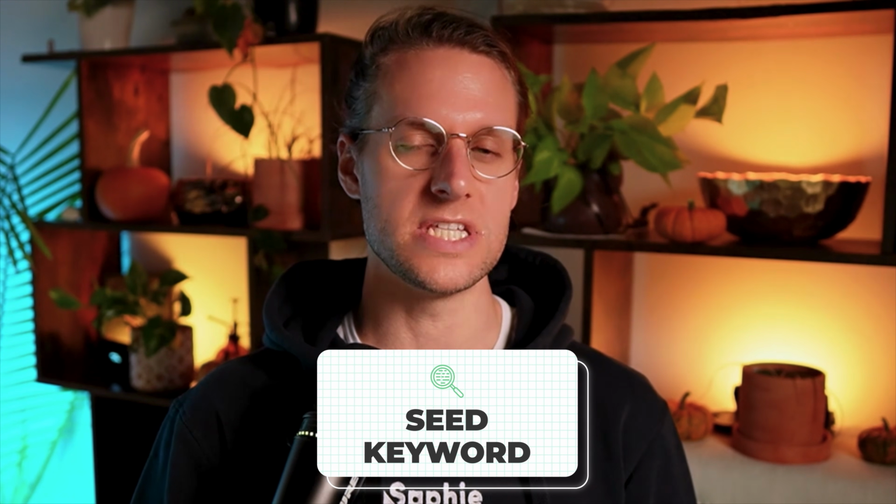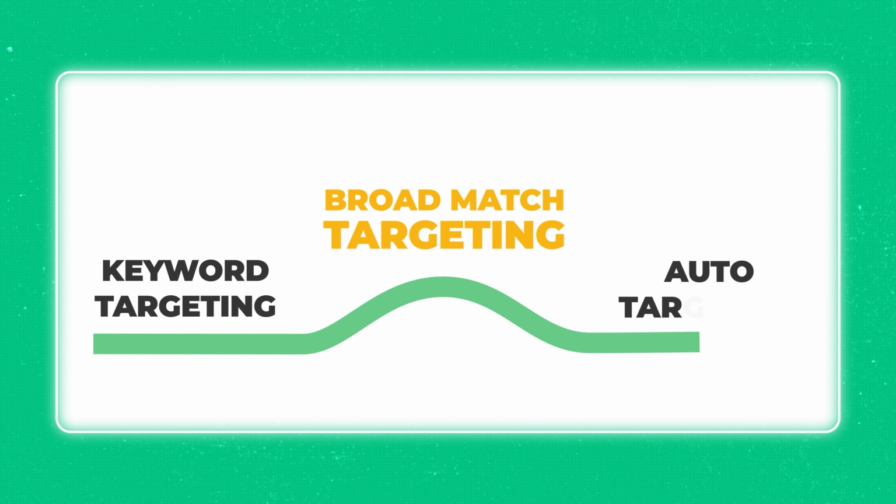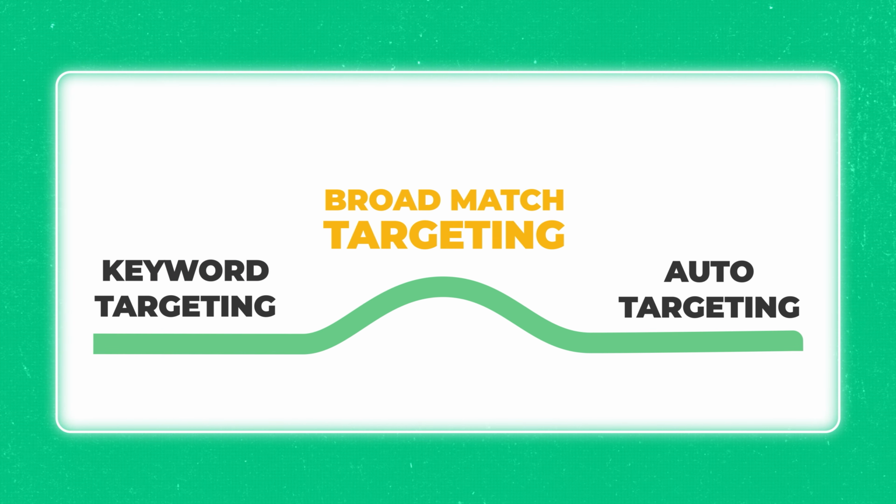So with broad match, you're actually putting in the sort of seed keyword and allowing Amazon a lot of leeway in using equivalent words or terms that typically have the same meaning. This gives Amazon the most flexibility to test you out on the most other terms, and it's actually something between keyword targeting and auto targeting, which is a whole different type of targeting that I'll make a different video on, where Amazon actually has a lot of leeway to advertise you on different terms.